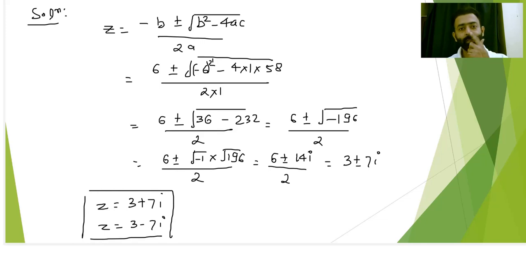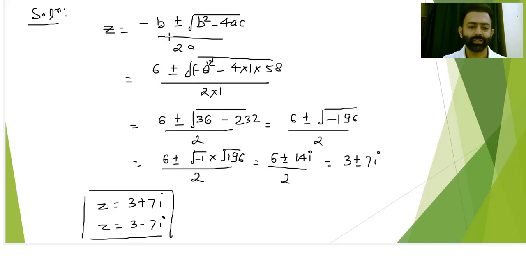And please remember, complex roots always occur in pairs. Why in pairs? Because here it is plus minus. You won't get a case where only one root is present, because if you have 3 plus 7i, then you will also find 3 minus 7i, since there is a negative sign as well.